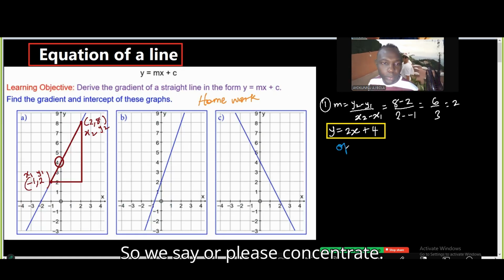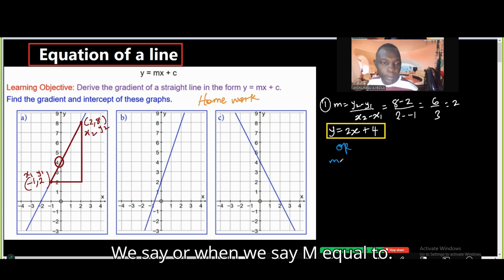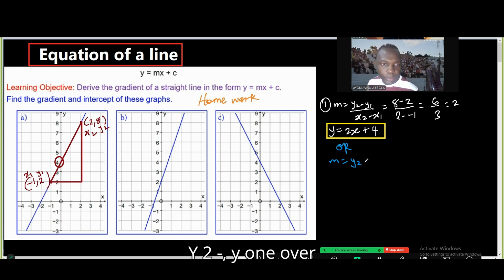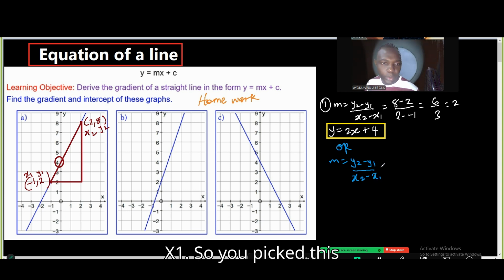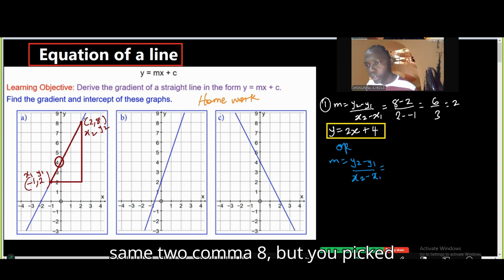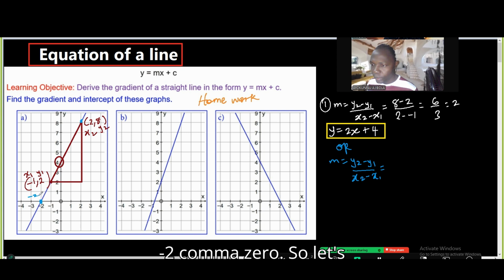So we say, please concentrate. When we say m equal to y2 minus y1 over x2 minus x1. So you picked this same 2 comma 8, but you picked this one, which is ideal, negative 2 comma 0.